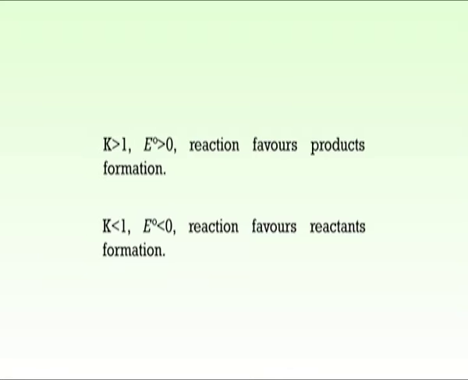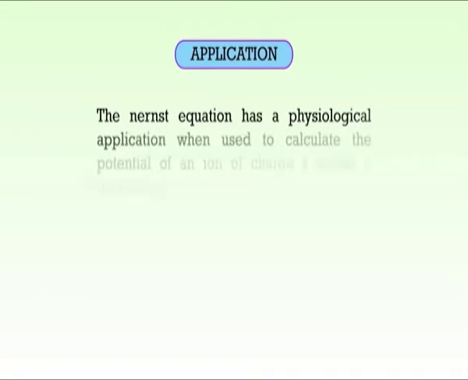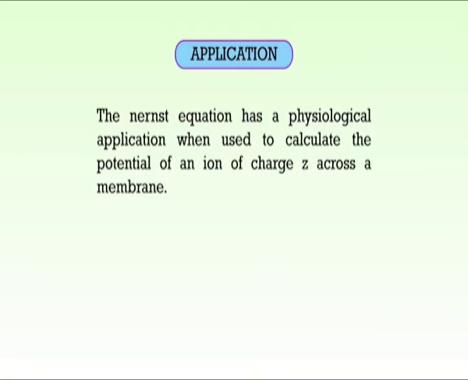So that's how we derive the Nernst equation. Let's look at the application of this equation. The Nernst equation has a physiological application when used to calculate the potential of an ion of charge Z across a membrane.